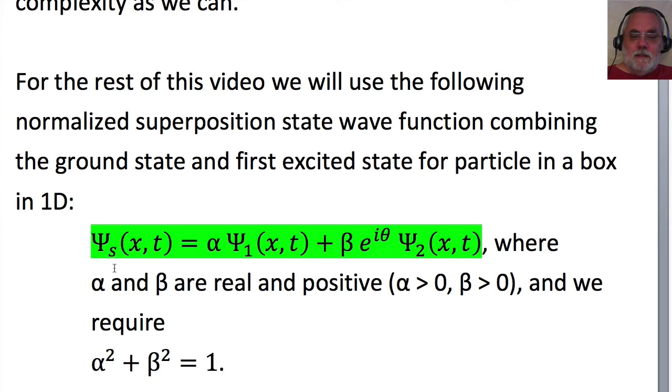This psi sub s, s for superposition, is this linear combination. We're going to restrict ourselves to alpha and beta being real, but we're going to allow a complex phase on the second term, e to the i theta. Theta will be real, alpha and beta will be real, and we're going to take alpha and beta to be greater than 0. We're also going to require that alpha squared plus beta squared equal 1 so that the superposition wave function is normalized.